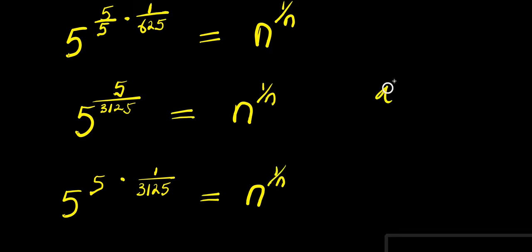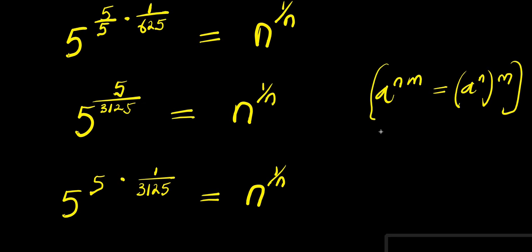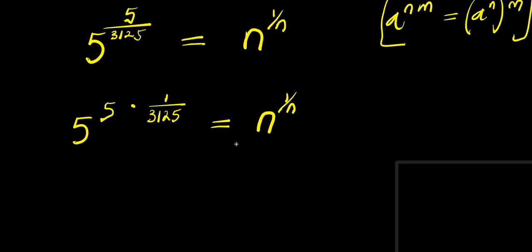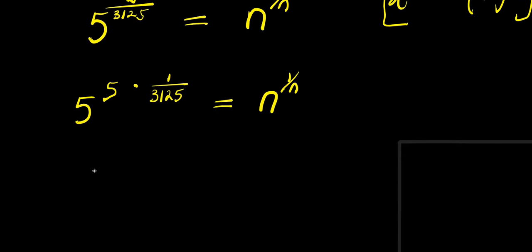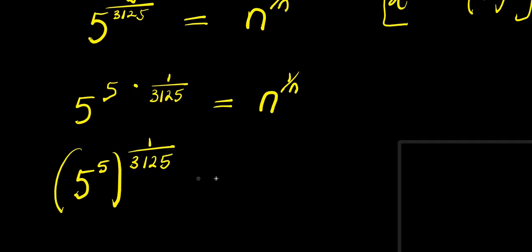Now if you have a power n times n equals a power n or power m. So what I'm going to have will be 5 power 5 to the power of 1 divided by 3125 equals n power 1 over n.